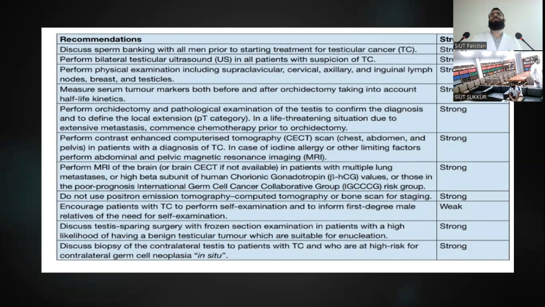Like we open for hydrocele, and when we just open it and we find the testis, of course the testis looks irregular and nodular, hard, suspicious of malignancy.